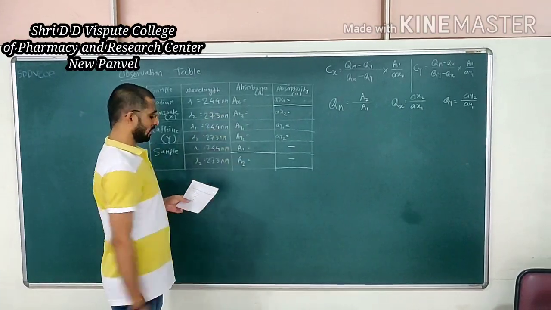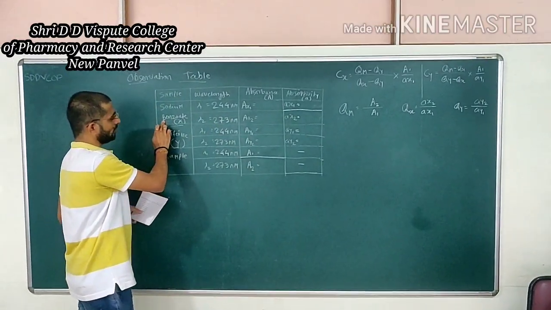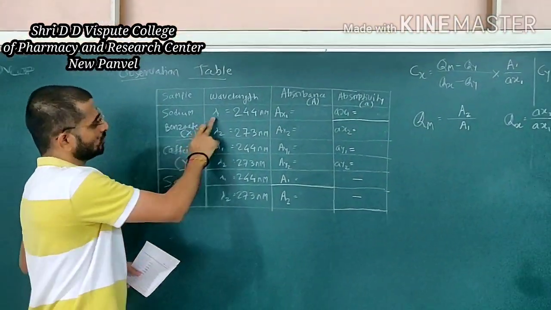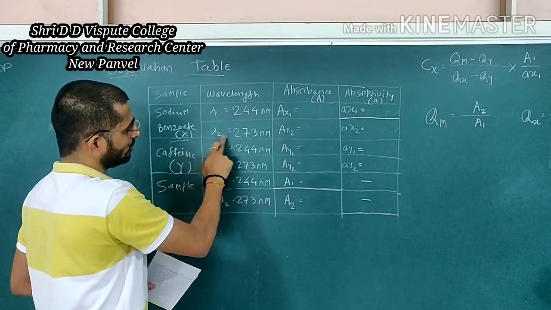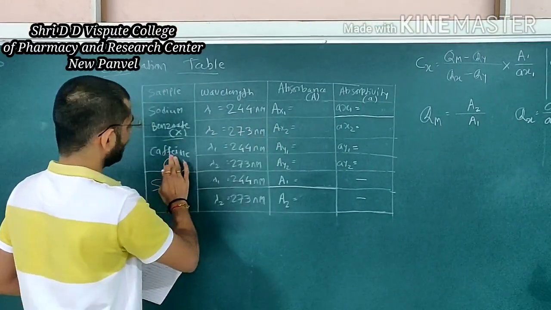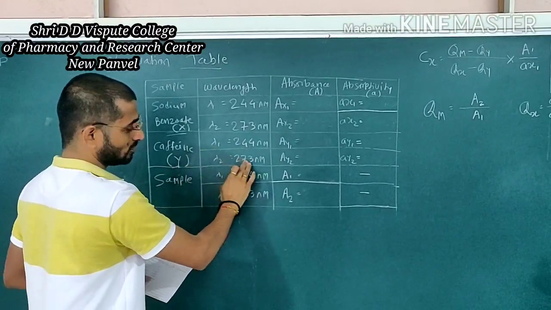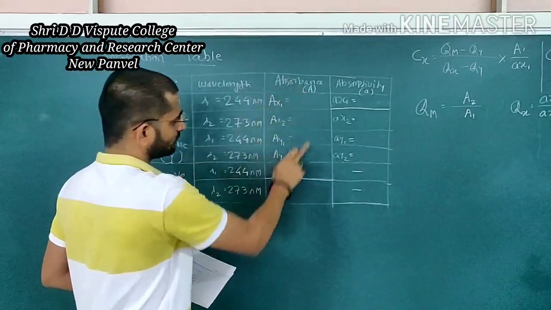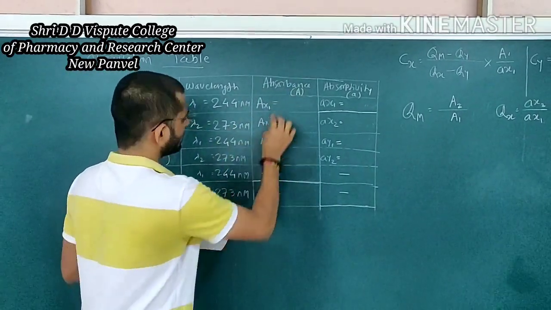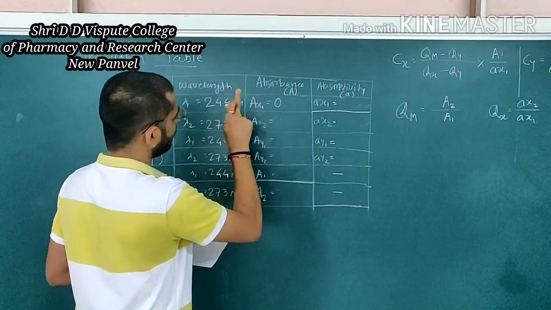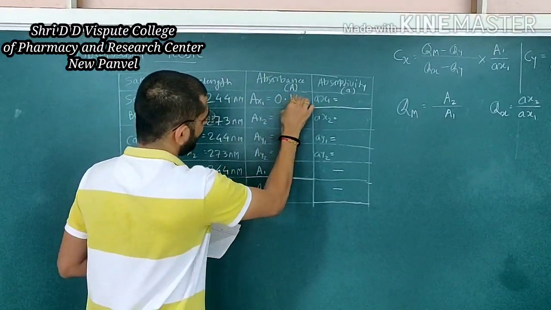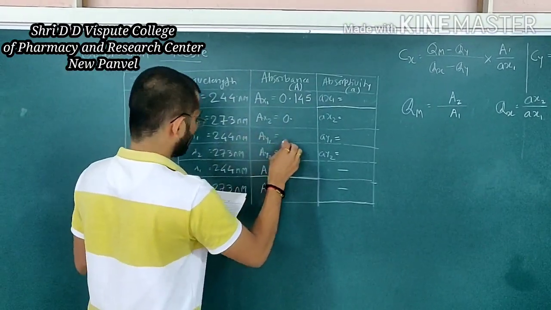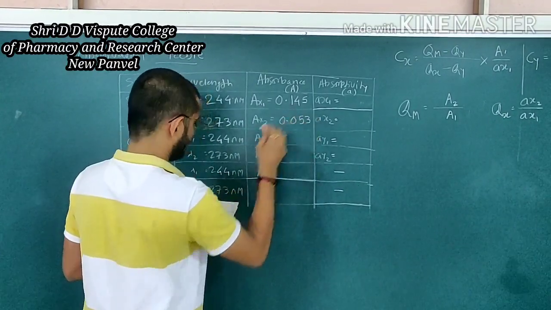After taking the absorbance, consider sodium benzoate as X, caffeine as Y, and then your sample solution, with lambda 1 at 244 nanometer and lambda 2 at 273 nanometer for each. So write down the absorbances. Sodium benzoate at 244 nanometer shows an absorbance of 0.145, and at 273 it is 0.053.